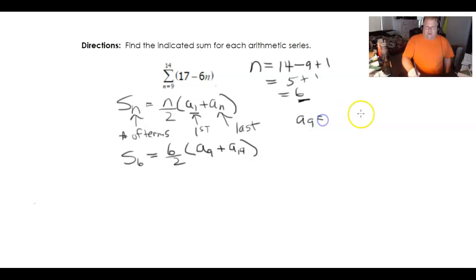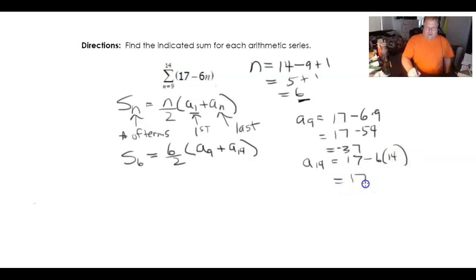Alright, so I have to do some math and I'm going to be good to go. So a9 is equal to 17 minus 6 times 9. 17 minus 54, so what's that? Negative 37. And then a14 is 17 minus 6 times 14. 6 times 14 is 84, right?